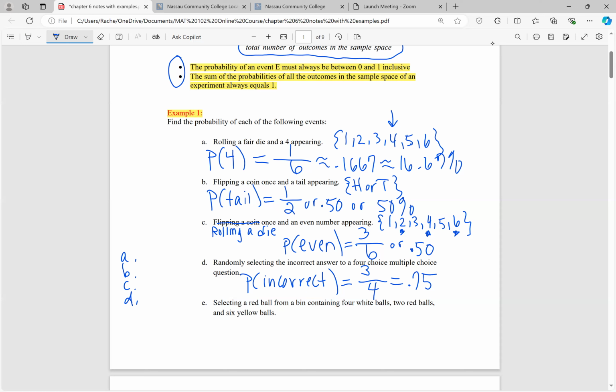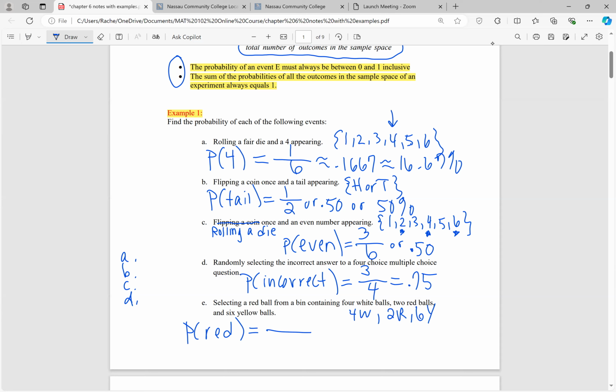And then let's just practice one more, and then I think we'll pretty much have the hang of it. And then we're going to incorporate this into chapter 6. So E says, what's the probability of selecting a red ball from a bin containing 4 white, 2 red, and 6 yellow? So how many are there all together?